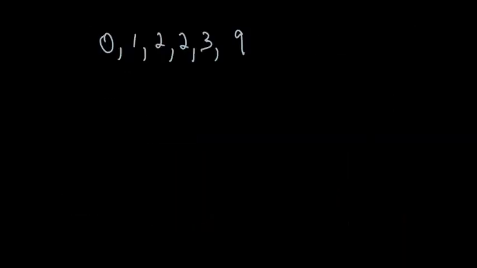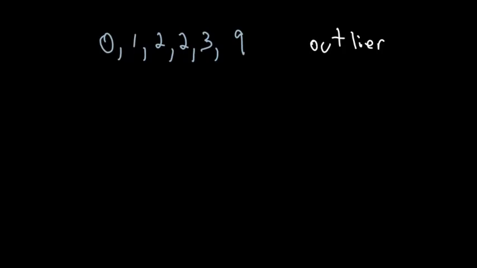Alright, next we're going to talk about an outlier. And when you think of an outlier, you're thinking about a number that doesn't quite fit in with the rest of the numbers. So I got 0, 1, 2, 2, 3, and 9. So when you look at that, the number that really doesn't fit in there is the 9. Because all the other numbers are 0 to 3, and then you throw in a 9, that just doesn't quite fit.